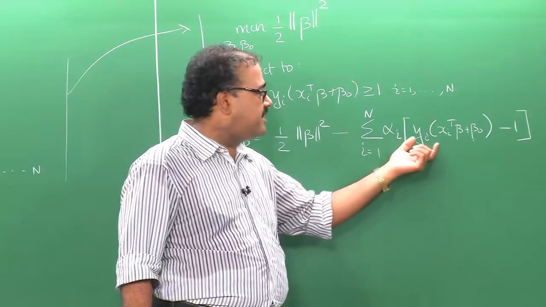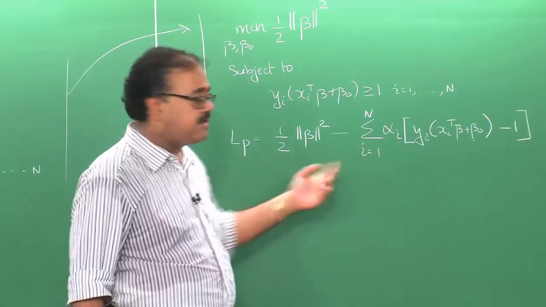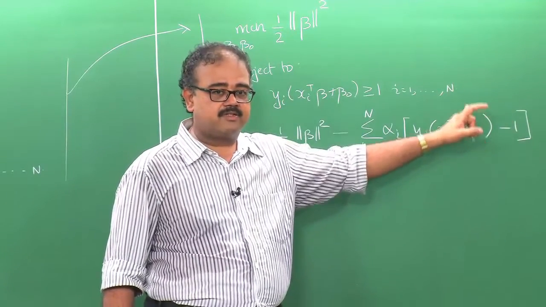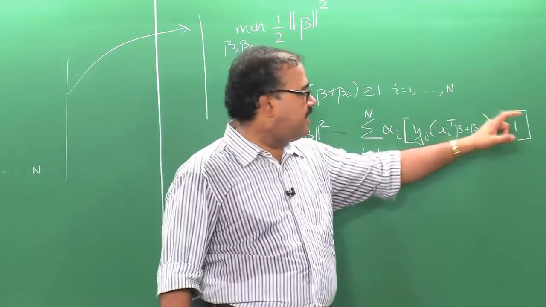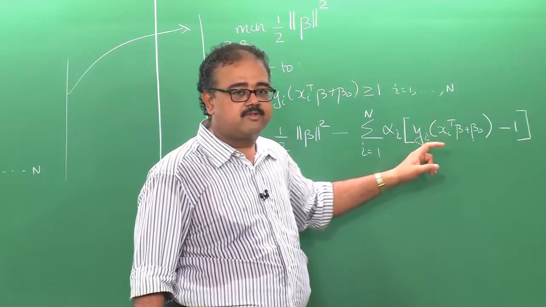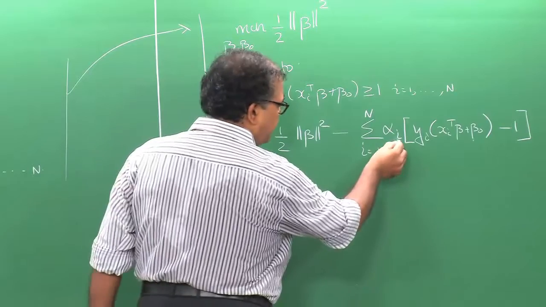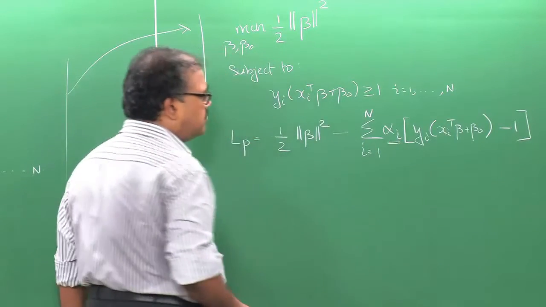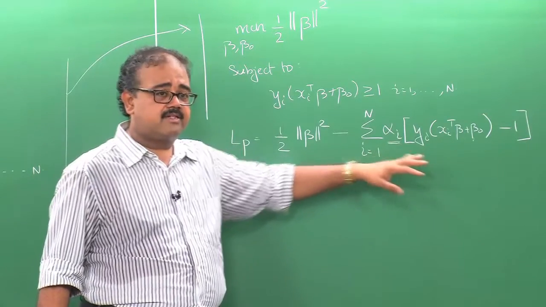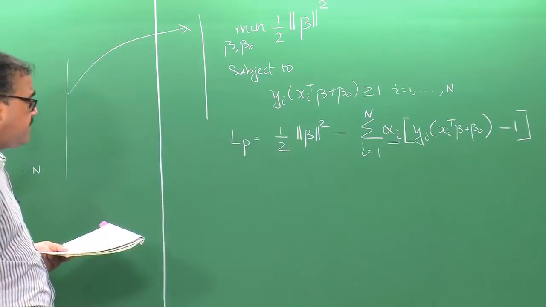So, this essentially means that when I minimize this whole expression, this term will become as largely positive as possible. So, that essentially means that I am going to try and make this as larger than 1 as possible, right. So, this term alpha i lets me control how much weight I want to give to satisfying the constraints versus how much I really want to minimize the objective function, right.